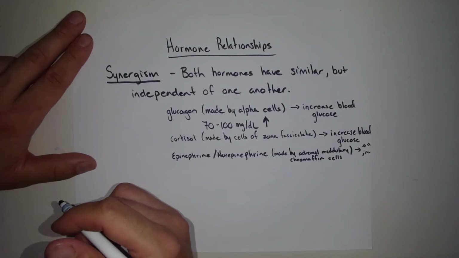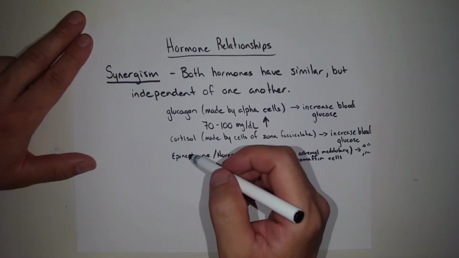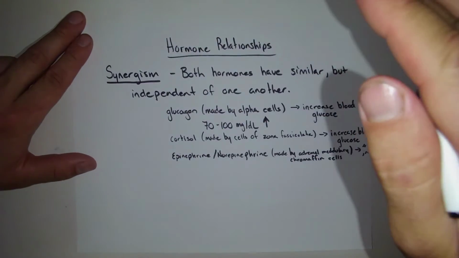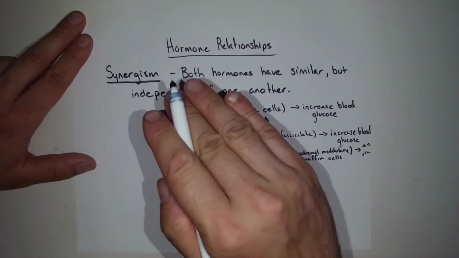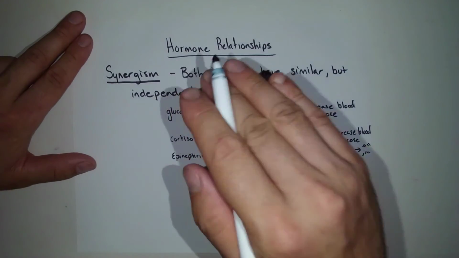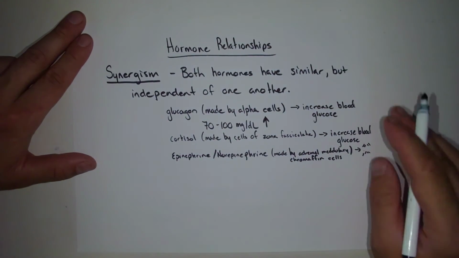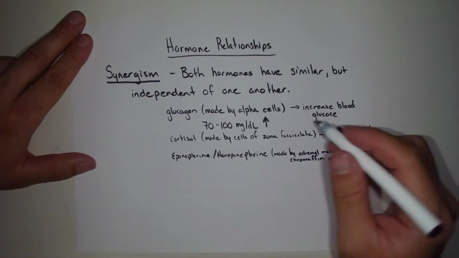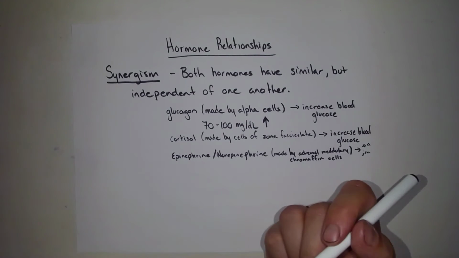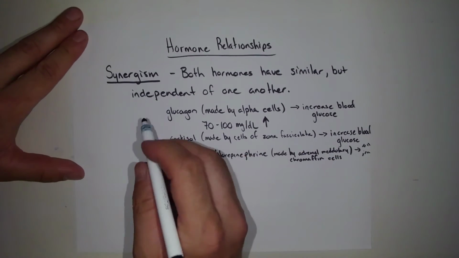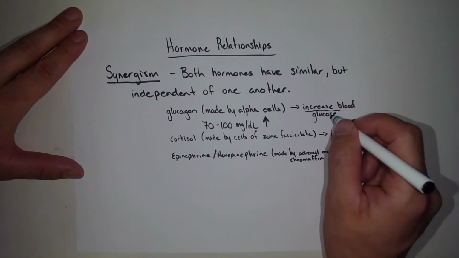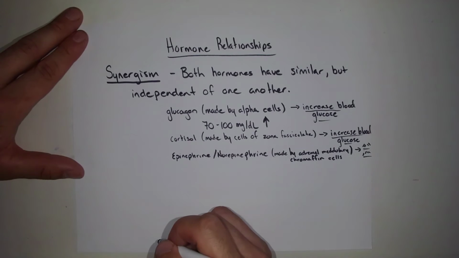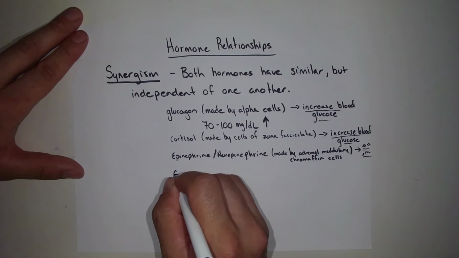So it's not like you get quite as much as any of these alone, all added together, but rather in incrementally decreasing amounts, so that we don't overshoot our blood sugar by way too much when all these are present. So you can start organizing a lot of these hormones based on their common functions. These all can raise blood glucose. Growth hormone can do it too.